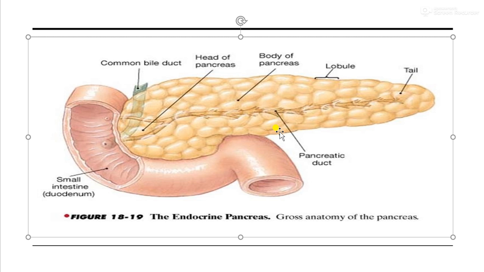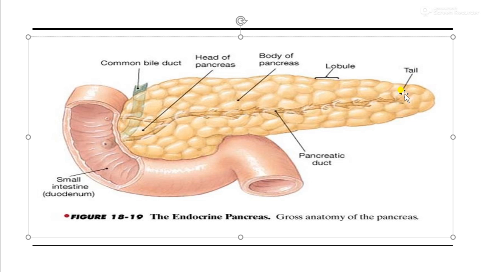The head is the widest part of the organ and lies in the curve of the duodenum, the first division of the small intestine, connected by a small tube, and that small tube is called the pancreatic duct. The pancreas is about 6 inches long.